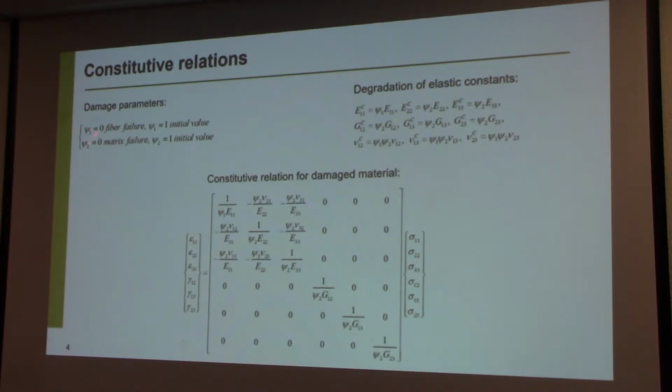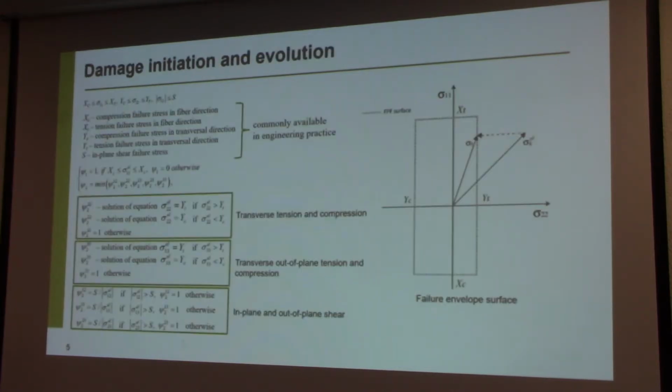Psi 1 is responsible for fiber failure, and psi 2 responsible for matrix failure. And this is the way how to reduce elastic constants and constitutive relation for damaged material.